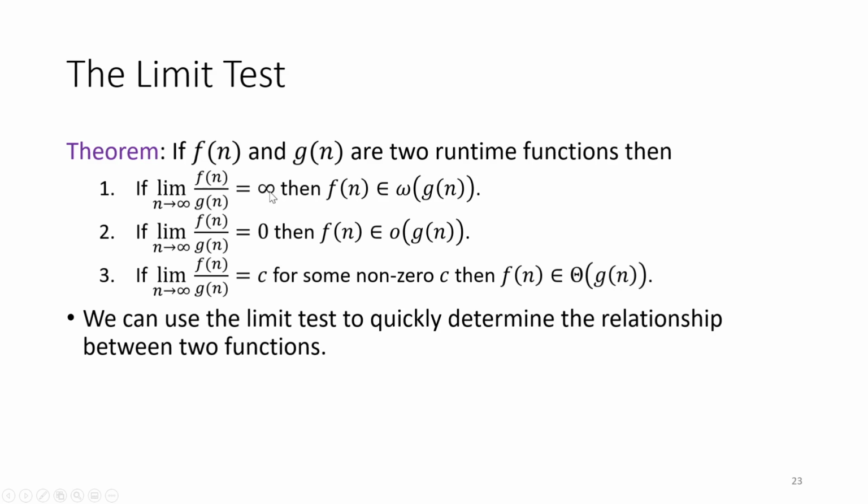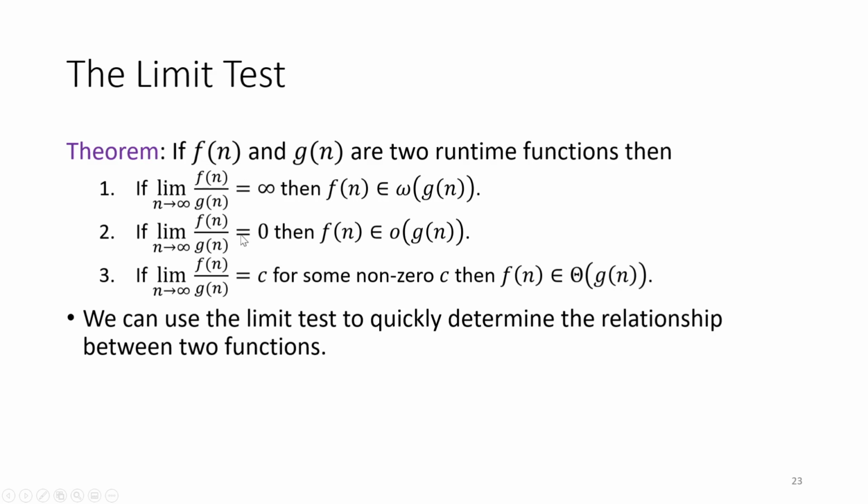Okay, so if that's the case, and in our example case we had n squared and n, and we know the relationship between those two, n squared grows faster than n, or the way we want to write that using our asymptotic notation is f of n, or n squared, is in little omega of n, or g of n. Little omega, remember, being strictly greater than, the greater than sign. Okay, that's when we had n squared on the top and n on the bottom.